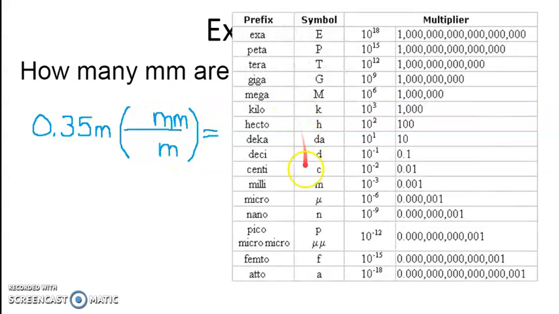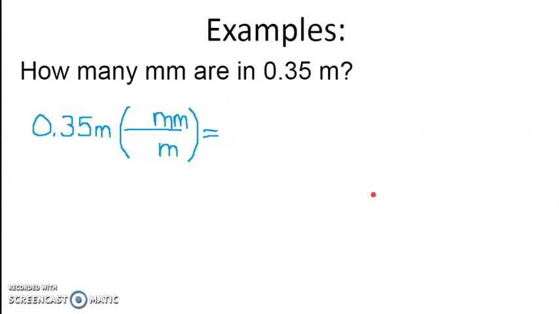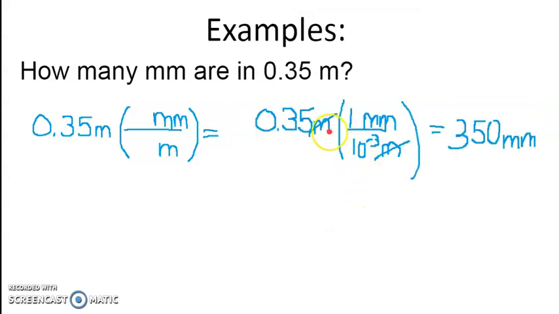And if we look on our chart, we can see milli means 10 to the minus 3. So if we write that again, now we know 1 millimeter equals 10 to the minus 3 meters. Our meters cross out, and you're left with millimeters, and that gives you 350 millimeters.